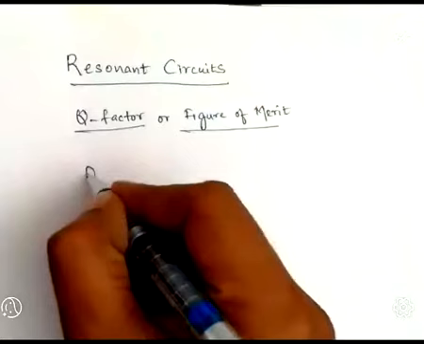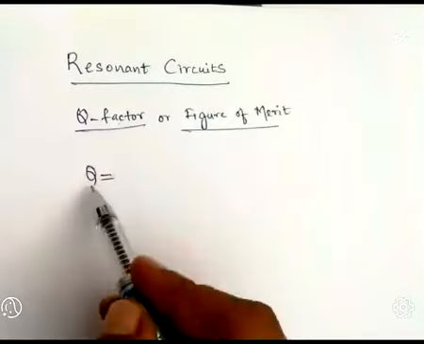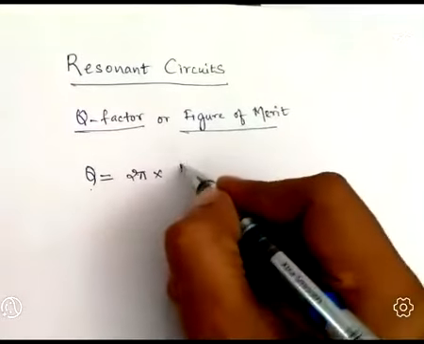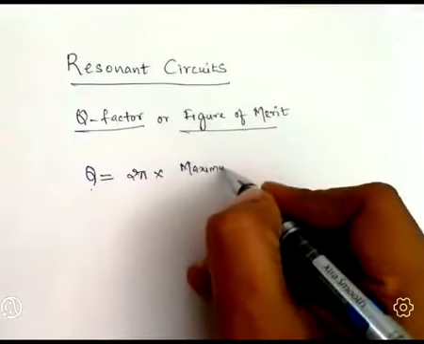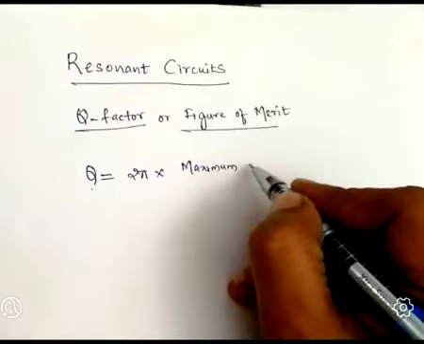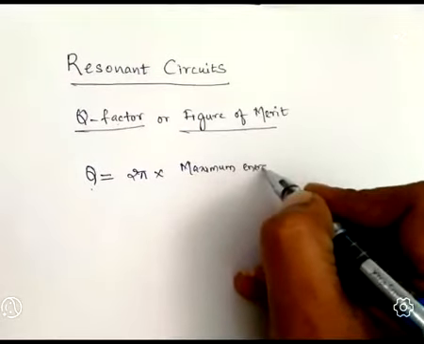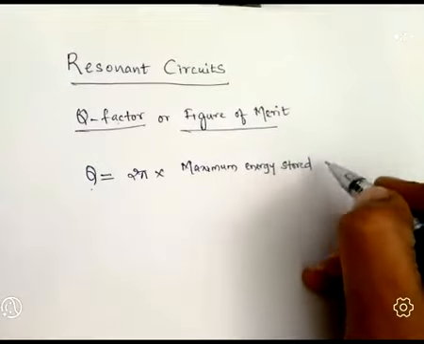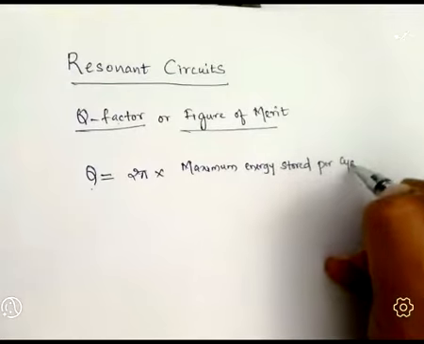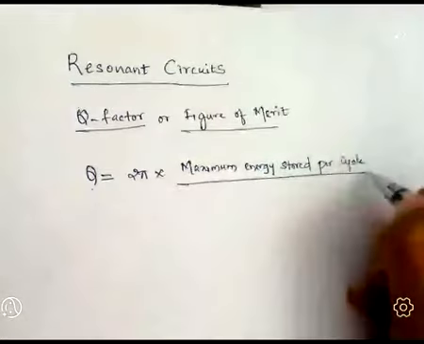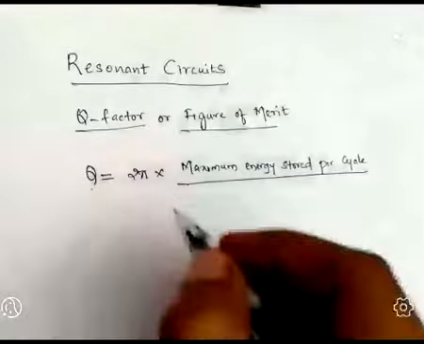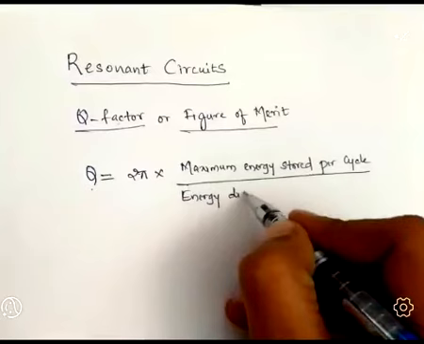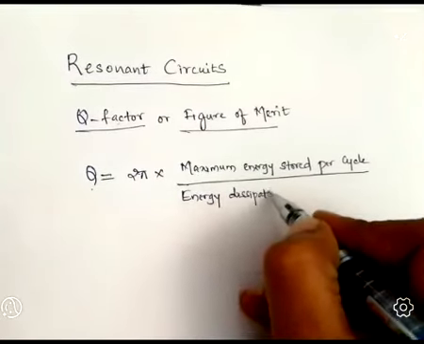The notation for representing quality factor is Q. Q equals 2 pi into maximum energy stored per cycle divided by energy dissipated per cycle.